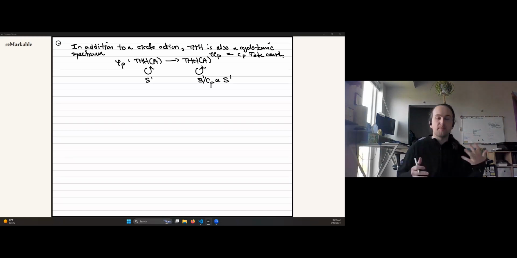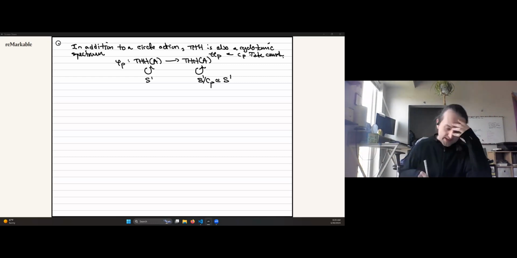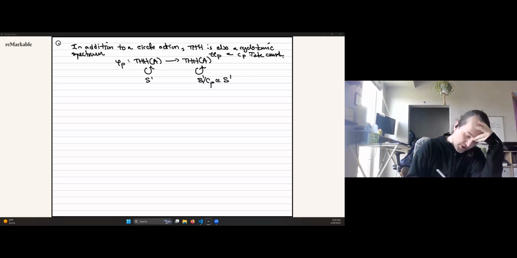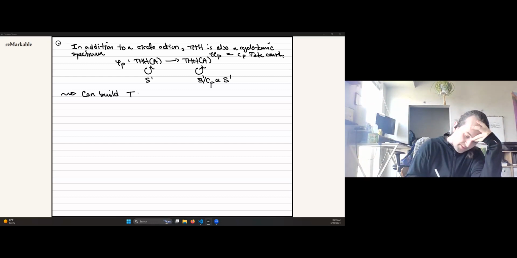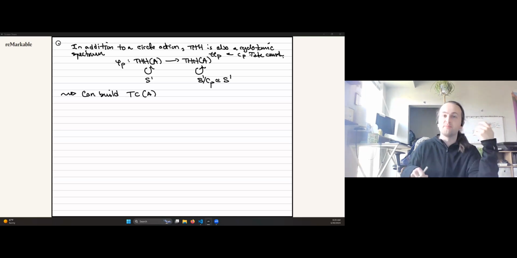And so we ask that these maps are all S^1-equivariant, and we have one of these for every prime p. And the reason we like this is we can use this extra structure to build the topological cyclic homology of A, which is an invariant that's, again, pretty famous.